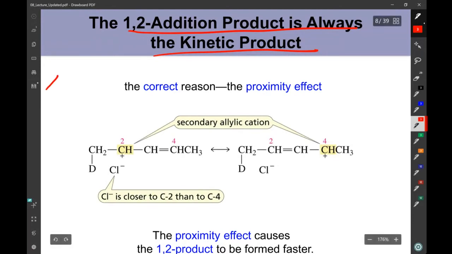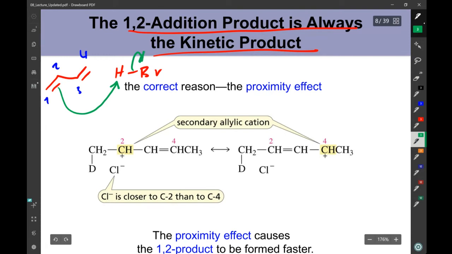So if we have our reaction mechanism like this, this is our carbon 1, carbon 2, carbon 3, and carbon number 4. According to the reaction mechanism, the electron attacks hydrogen here, and this goes over there.